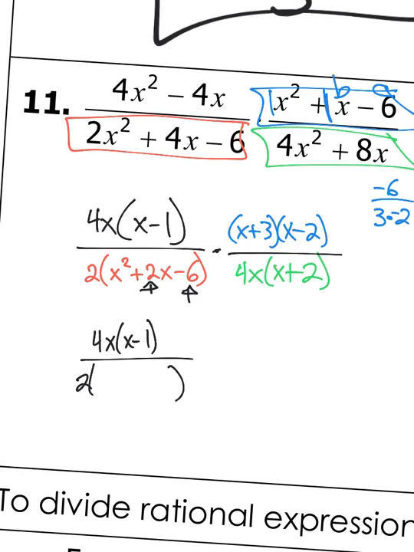Okay, so when I took out a 2 from this negative 6, I should have had a 3, right? If we have a negative 6 and we take out a 2, okay, it gives us a negative 3 in there. So my fault on that. So factors of negative 3 that add up to positive 2 would be positive 3 and negative 1. So I'm left with x plus 3, x minus 1.